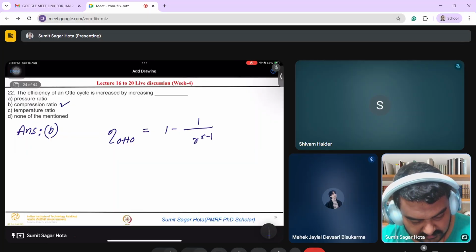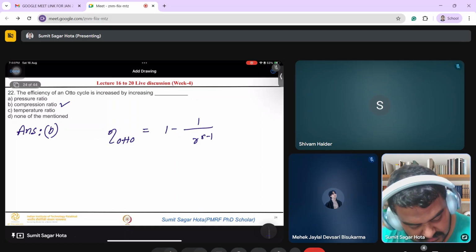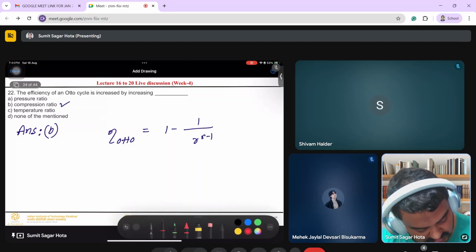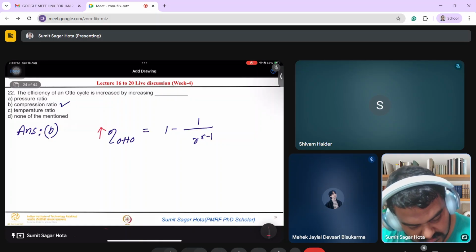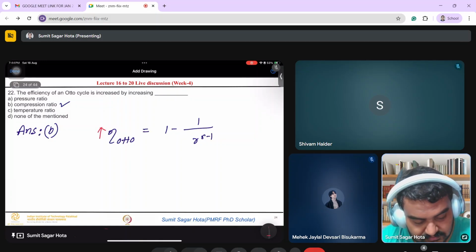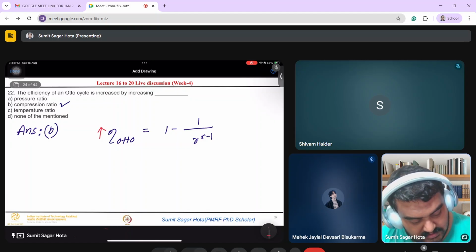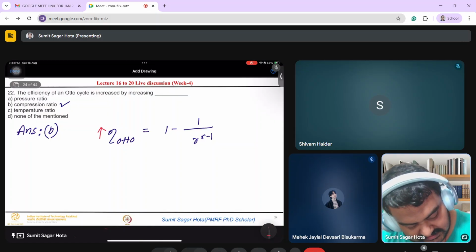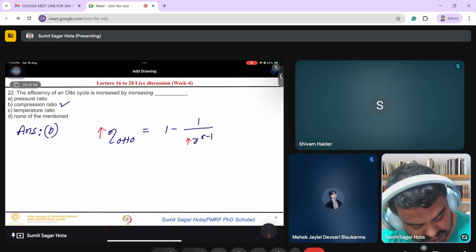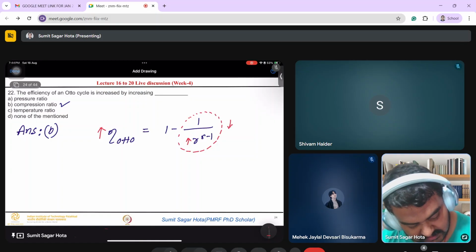Just simply write down the formula. They are telling us the efficiency of the cycle is increased. So if the efficiency will increase, by increasing what? Now if I increase this value, then this whole term is going to decrease. Because 1 by something is there, it will be less than 1.